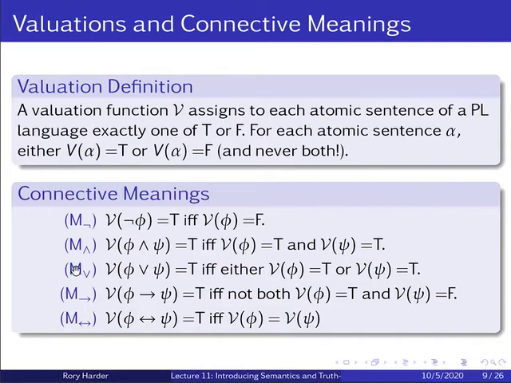And similarly, these rules here say, no matter how complex this sentence phi is, the truth value assigned to this negation is true just in case phi itself is assigned false. So we can apply this rule no matter how complex phi is.